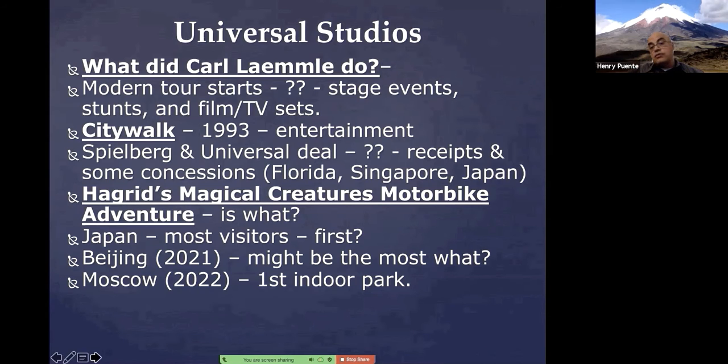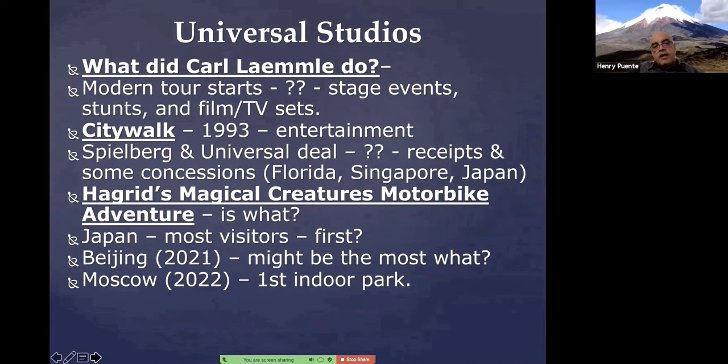If that is true, then Universal Studios Beijing will be the most expensive theme park ever built in the history of theme parks, because that means they've spent $1 billion more than Disney did to build its theme park in Shanghai. So, again, it's not official, but I do believe that the Wall Street Journal is probably correct when saying that it cost $6.5 billion, but that's why I say it might be the most expensive.